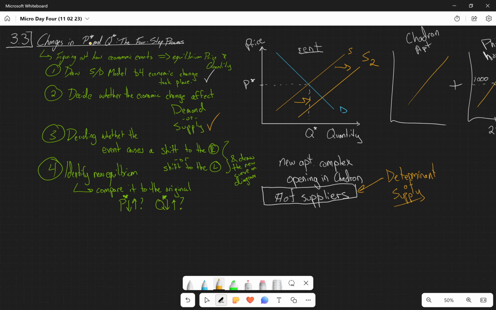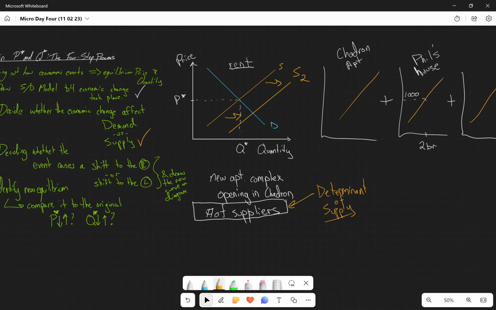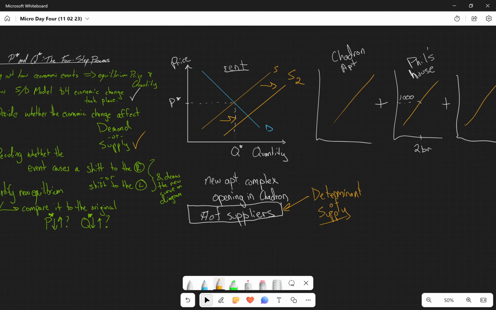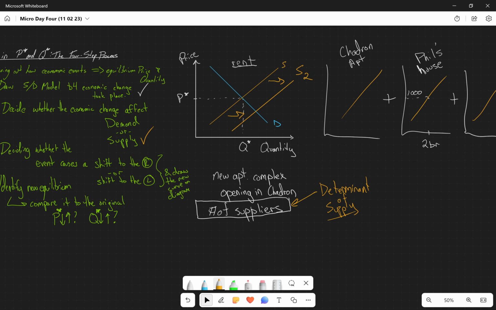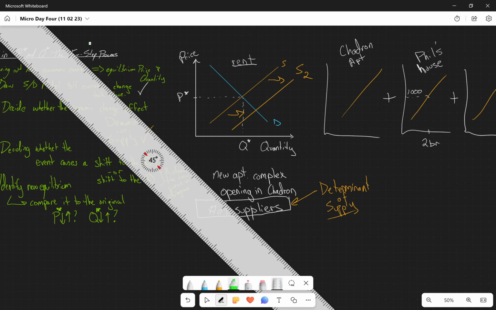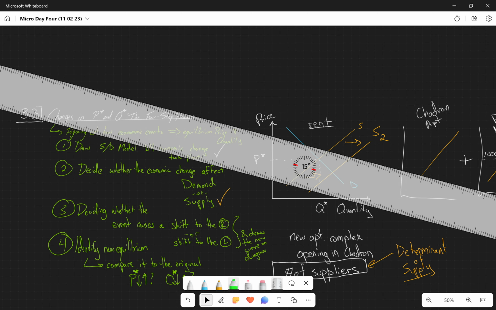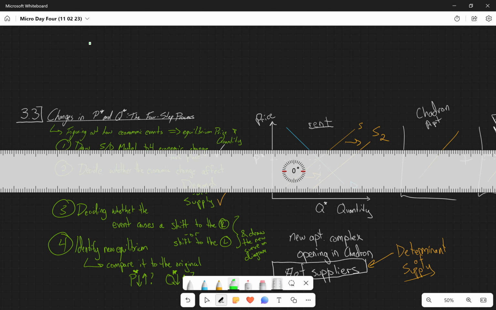And then figuring out whether it shifts to the right or to the left. For this one, we can just use our definition of what supply is. Supply is just all the different willingness to accepts of all the different producers summed up horizontally. So if we add another person or entity, that's going to shift it to the right. The other way that we can do this is our horizontal interpretation. Let's ignore demand and just fix supply at some price.